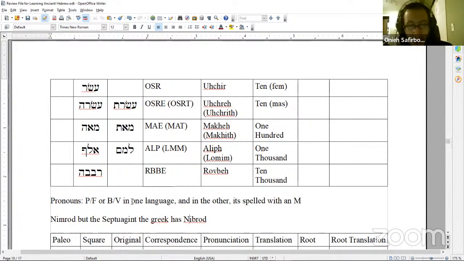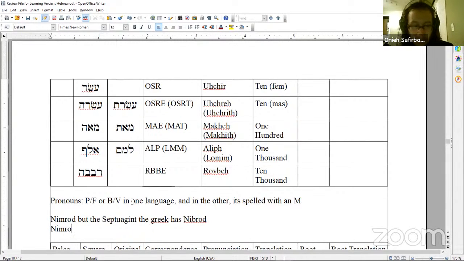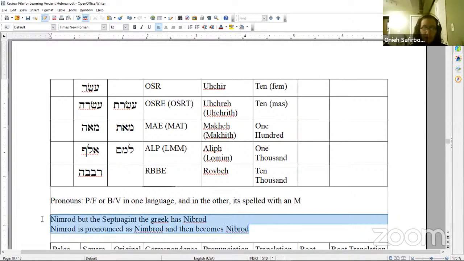And this is because Nimrod is pronounced as Nimrod, MB, and then becomes Nimrod over time like that. So there's a similar process, but it can go in reverse. It can start off as a B and become an M.